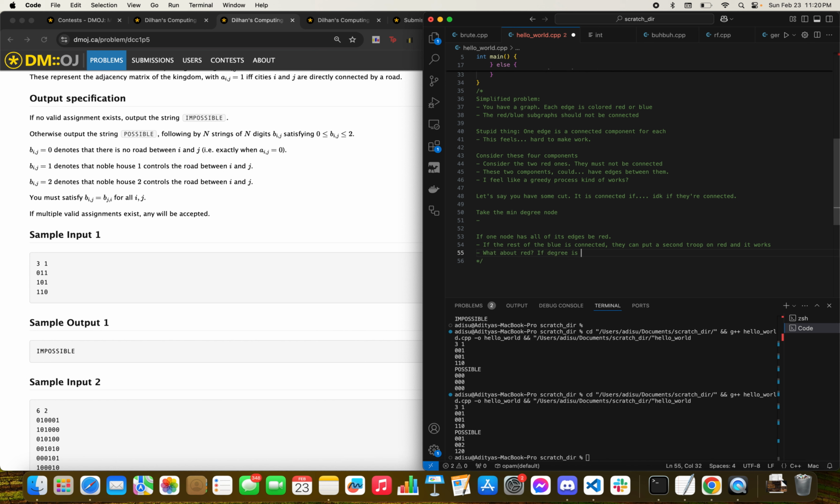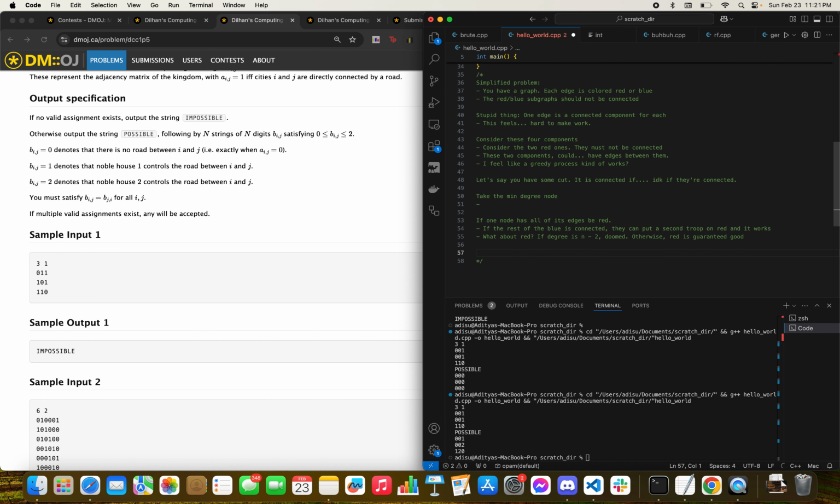If degree is n minus 2, then doomed. Otherwise, red is guaranteed good. So the problem is like, does every node have degree?